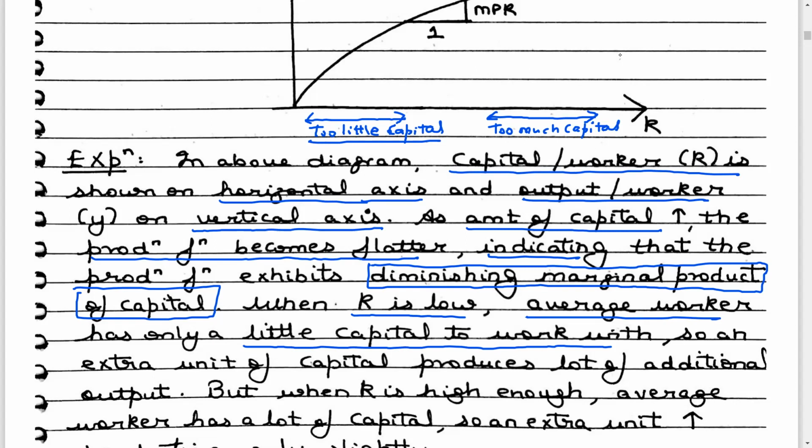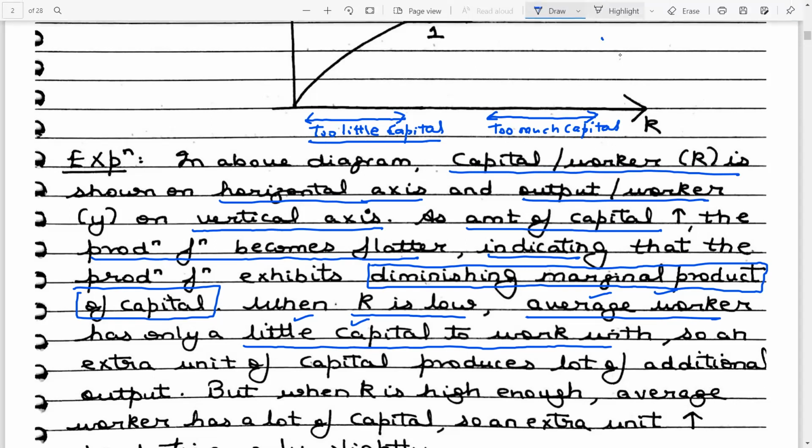Now, my capability would go up if I am given more machines. Suppose I am given one more machine, now I can divide my time: 12 hours I can work on one machine, 12 hours on another machine, and I can increase the output. So initially, when the average worker has only a little capital, giving him more capital will increase the output.